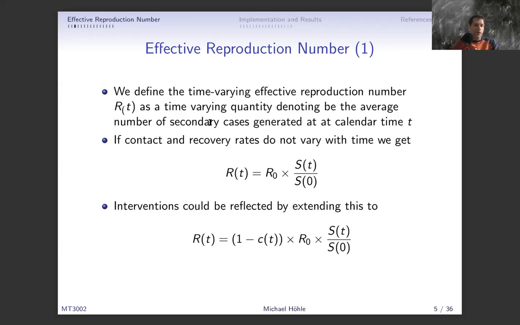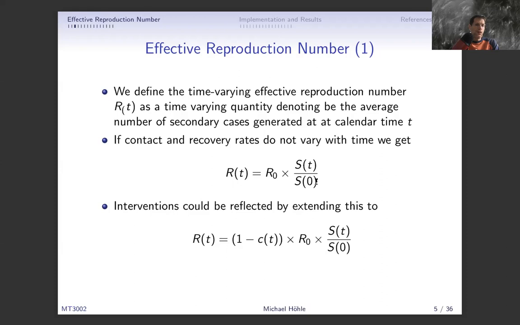So if we assume the beta and the gamma to be constant, then we can define the effective reproduction number in a model-based way by simply saying it's R naught multiplied by the proportion of susceptibles left in the population. This is just one way to take care of the different number of susceptibles which evolve over the epidemic.